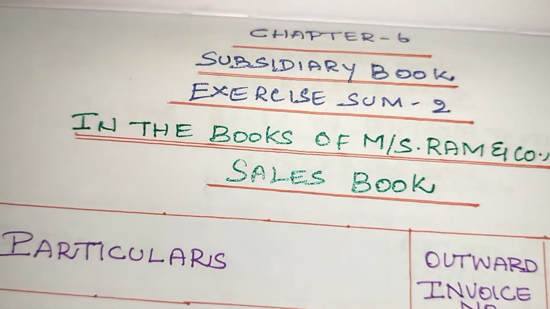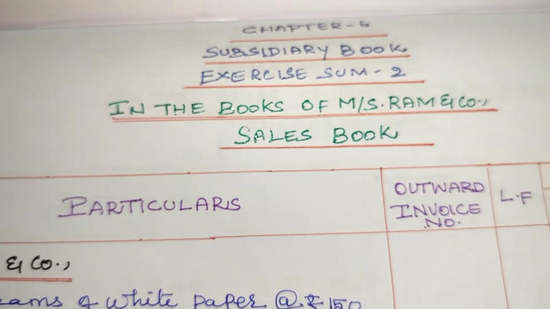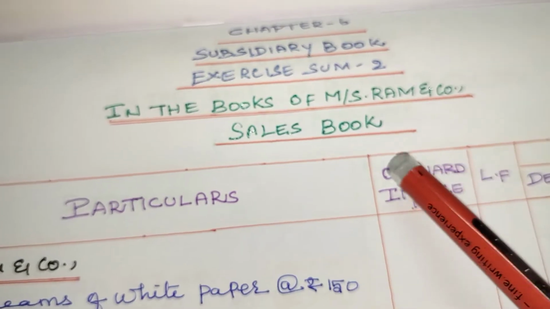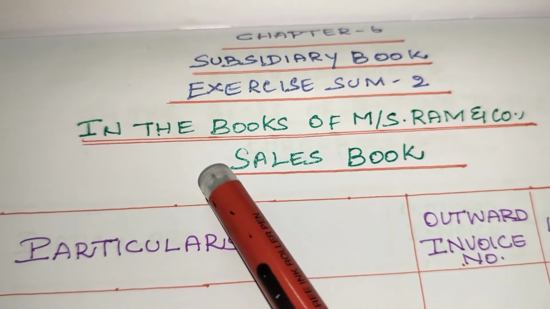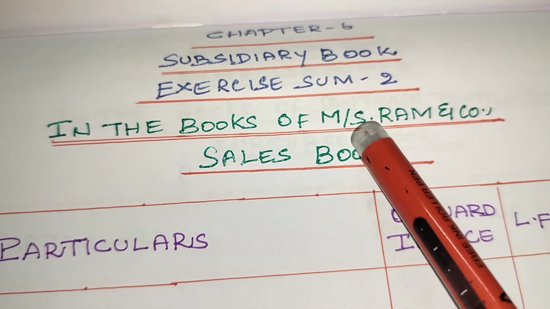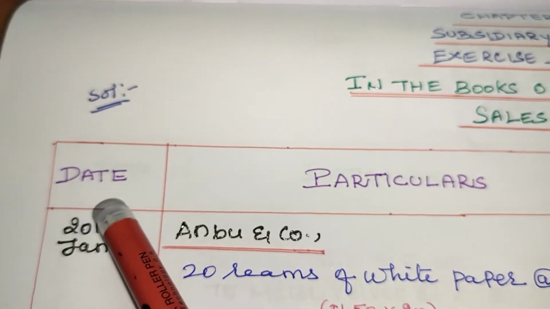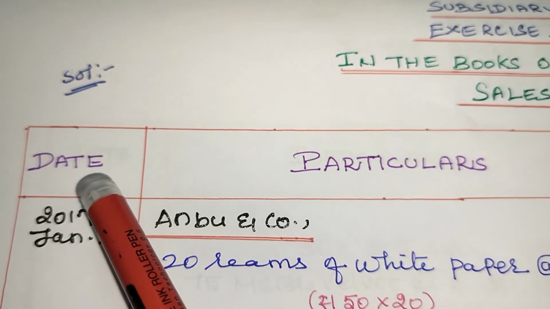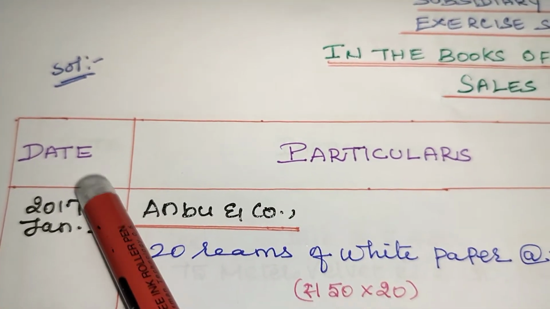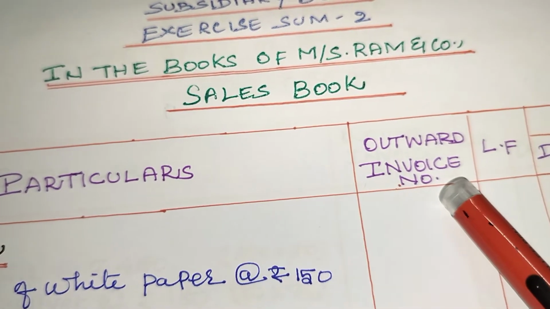Before we prepare the sales book, we need to prepare the title and the format of the sales book. What is the title? In the books of Miss Ram and Co., sales book. The format contains 5 columns: date, particulars, outward invoice number.